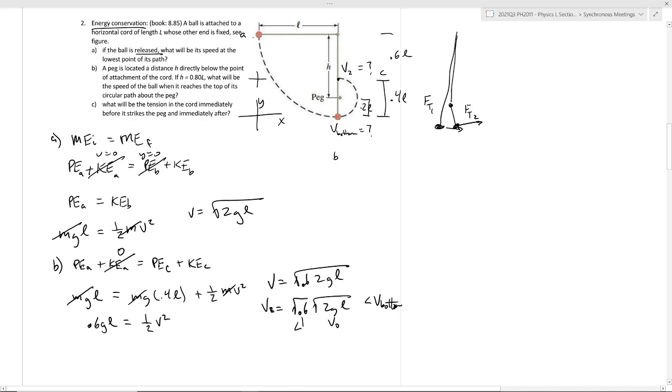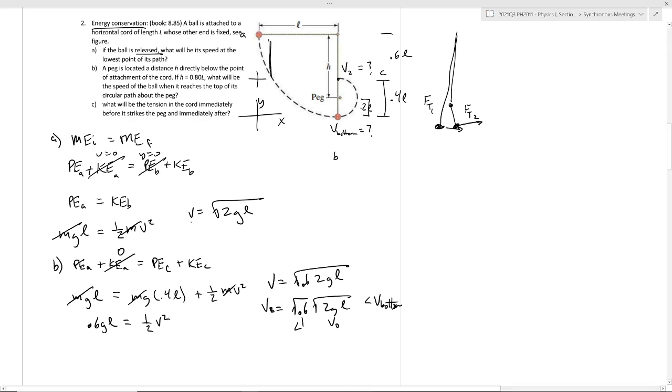The initial potential energy would be, instead of MGL, it would be MGL times 0.6 L, because that's the height. And so it would make it simpler, but it works out the same because we haven't changed the behavior. It's just a product of where you put your coordinate system.